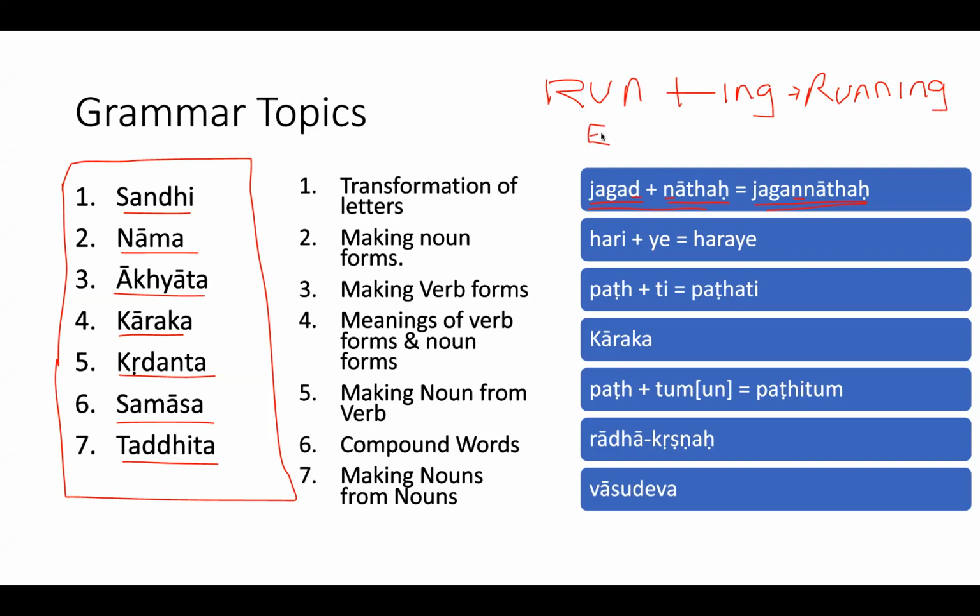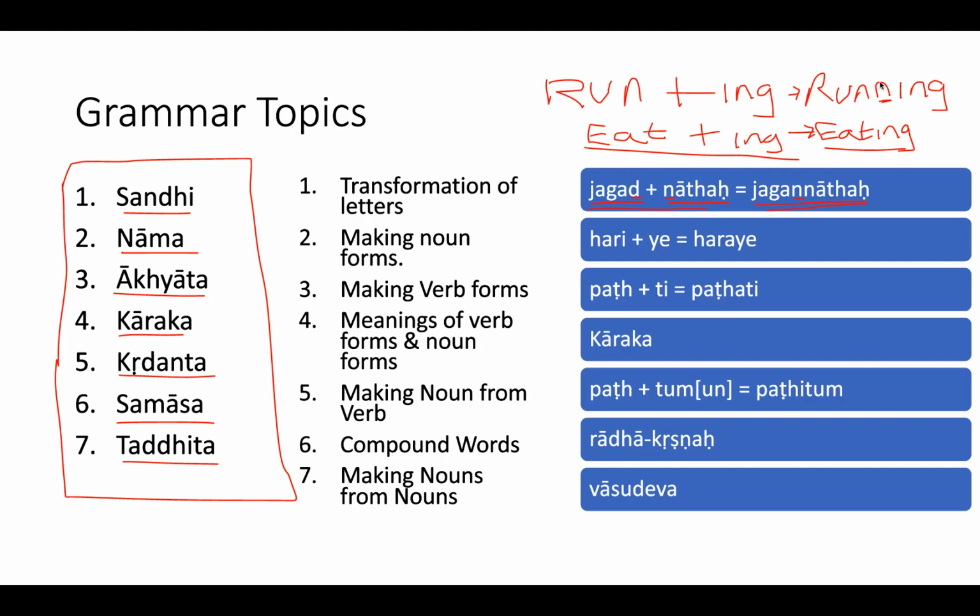And then you have another word in English, eat, plus ing, it becomes eating. So here, we just directly joined these two things as eating. But here, there is one more additional n that has come. It has been introduced.